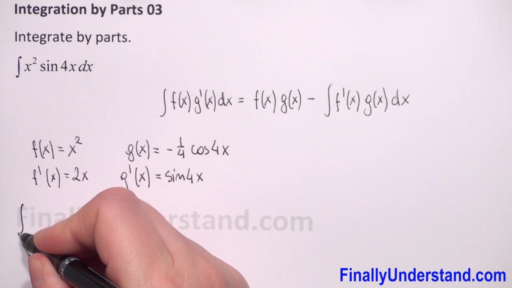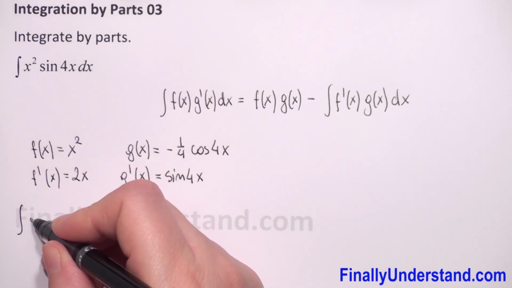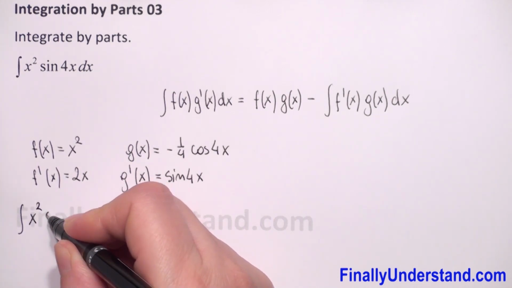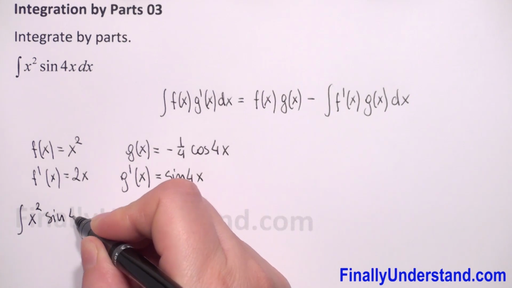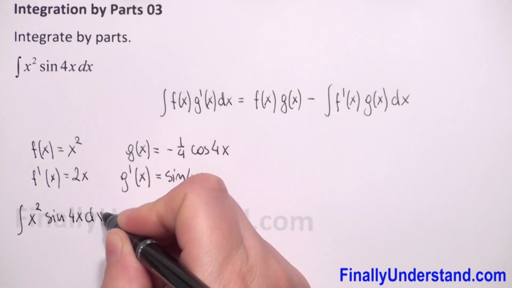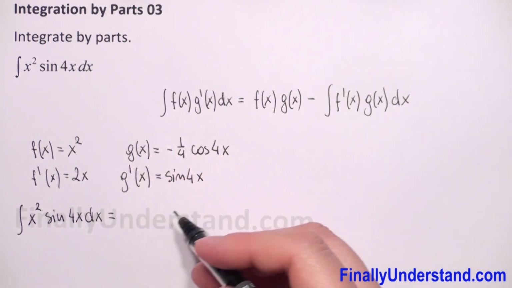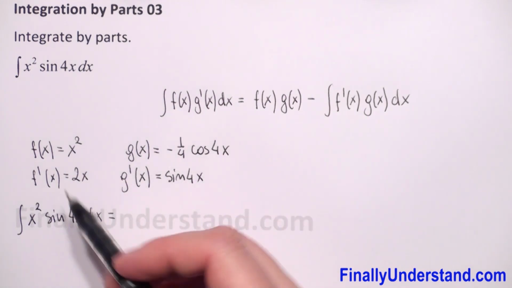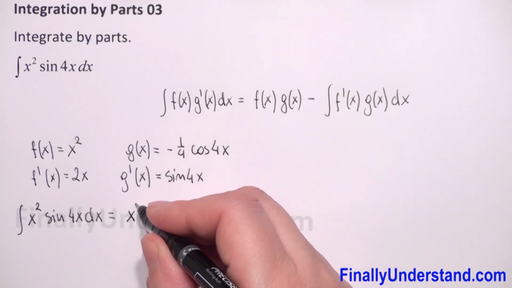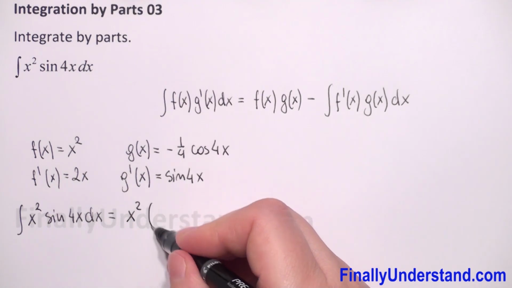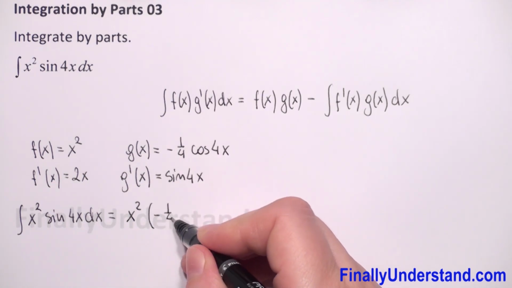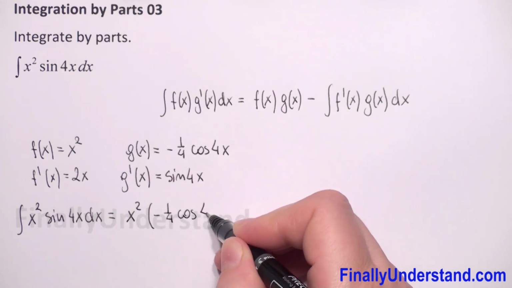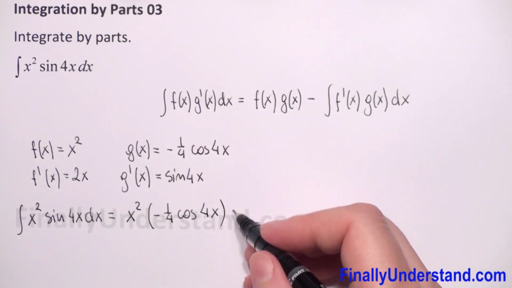Let me rewrite our example. We have the integral of x squared sine of 4x with respect to x. This is equal to, first, we have to multiply the f and g functions. So it will be x squared times negative 1 over 4 cosine of 4x.